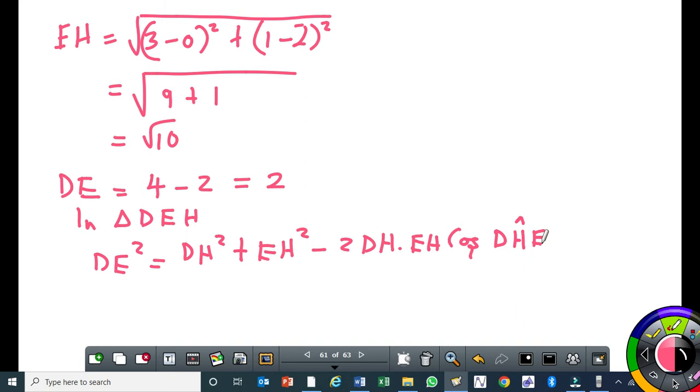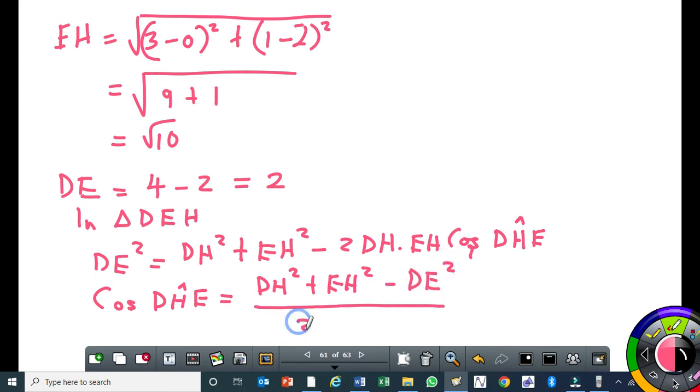So I can write this as the cosine of DHE. Can you stop talking, please, and pay attention? Cos DHE will be equal to DH squared plus EH squared minus DE squared, all over 2DH times EH.